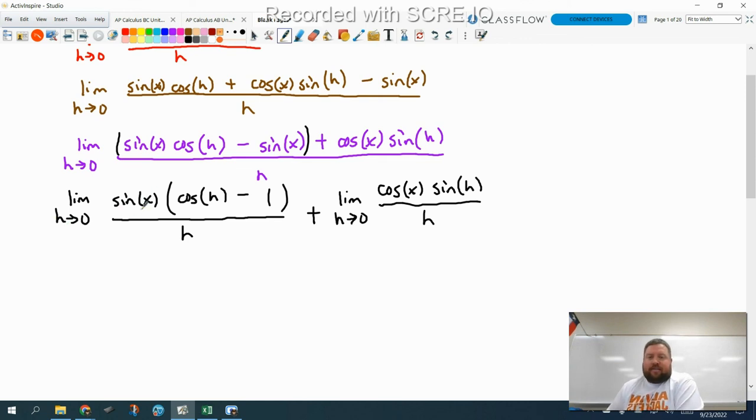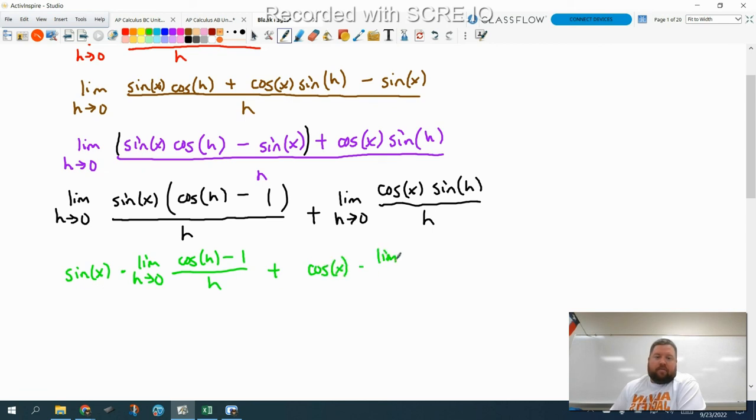So this sine x, we can treat like a constant because it has an x inside, not an h. So we can just pull the constant out: sine x multiplied by the limit as h approaches 0 of cosine h minus 1 all over h. And same thing with the cosine x, you can pull it out times the limit as h approaches 0 of sine h over h.